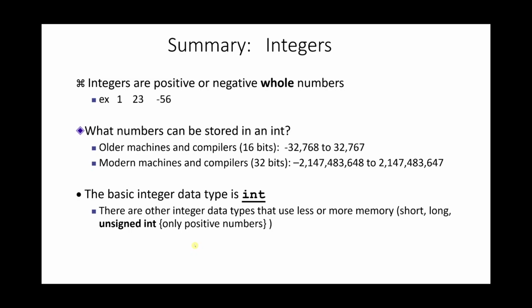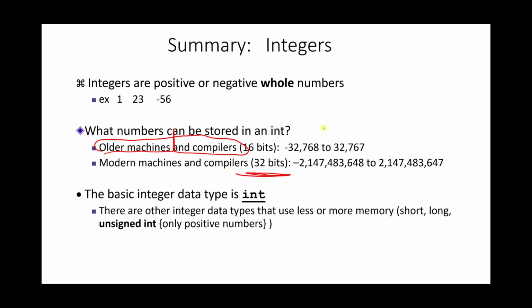I haven't mentioned 16 bits before now, because 16 bits is used in the older machines and compilers, which, we can say, not many people are using anymore. The modern machines and compilers all consider the integer 32 bits.